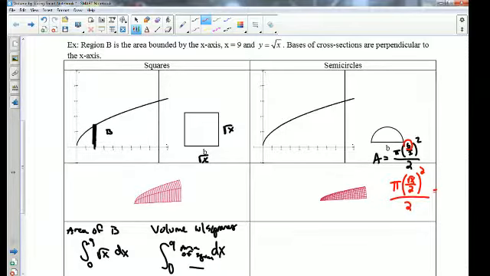Let's simplify it then. Pi, what does this become? Root of x squared over 4, over 2, right? And what does that simplify to? Pi x over 8.